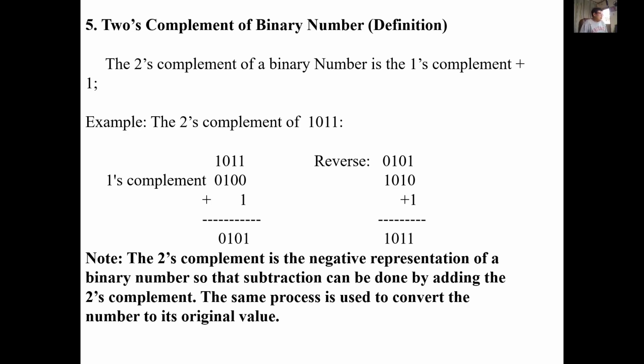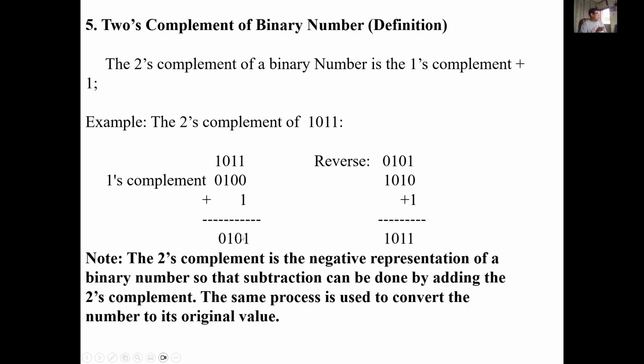For example, what is the two's complement of 1011? If we flip the zeros and ones, the ones complement is 0100. We add 1, so the two's complement is 0101.